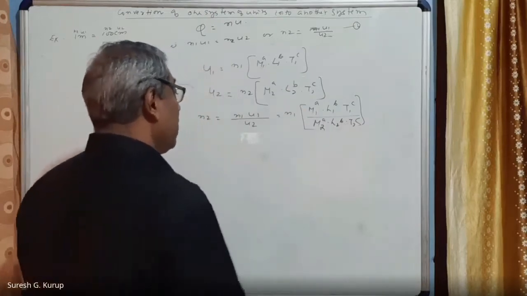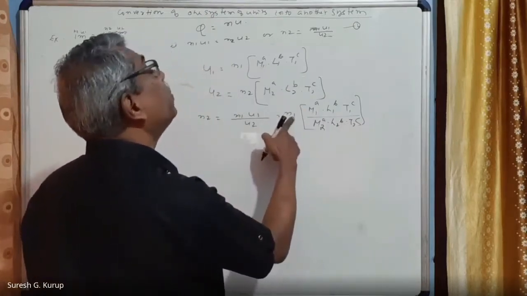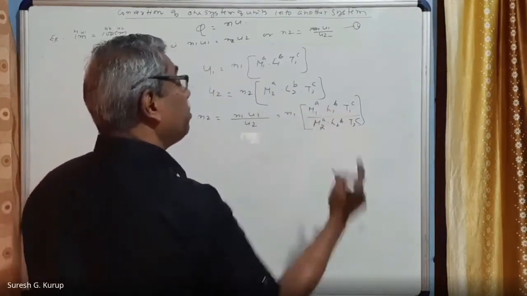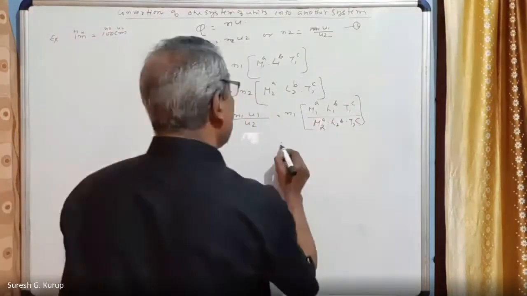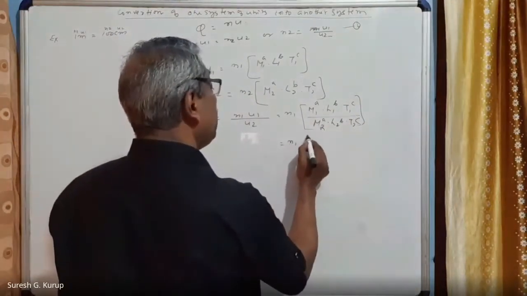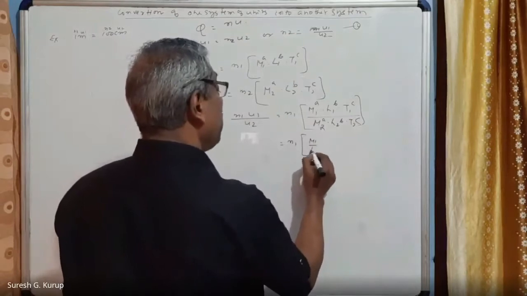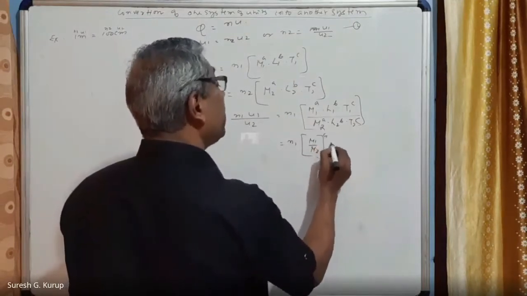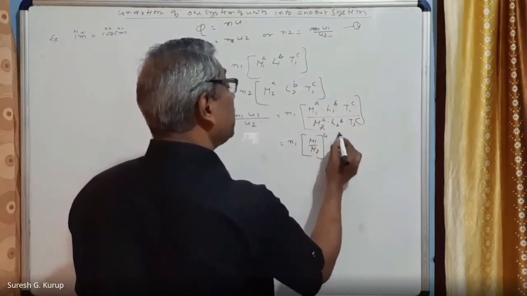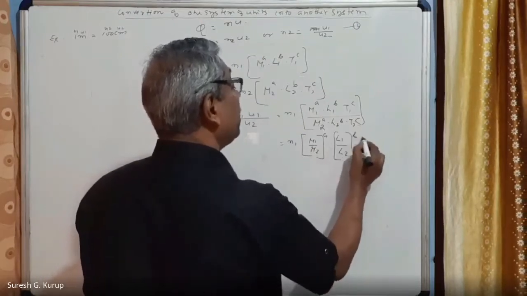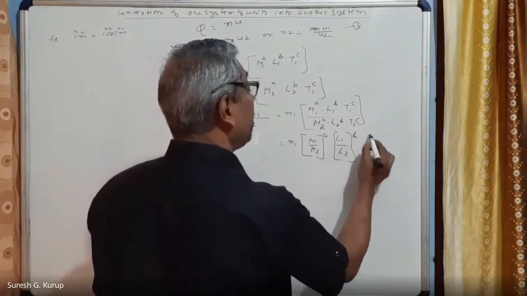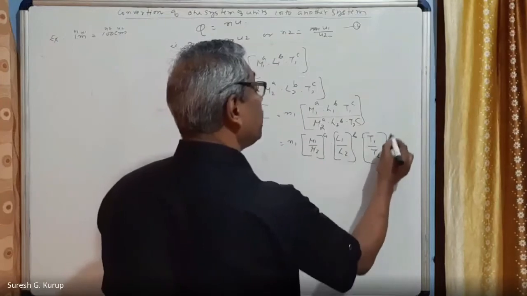We can write N2 is equal to N1 into U1 divided by U2. Therefore, this can be equal to N1 into M1 by M2, the whole raised to a, into L1 by L2, the whole raised to b, into T1 by T2, the whole raised to c. Also, we can write.